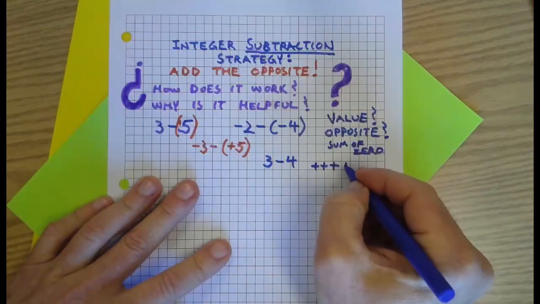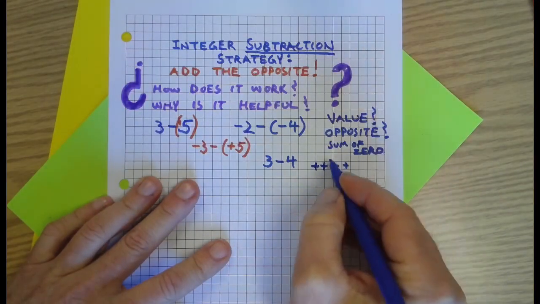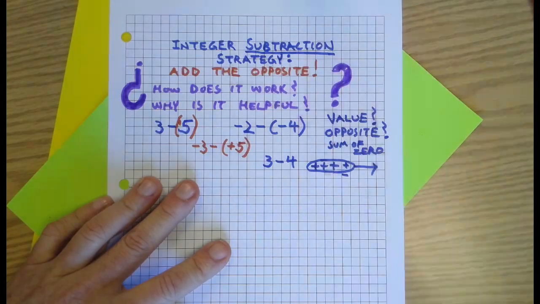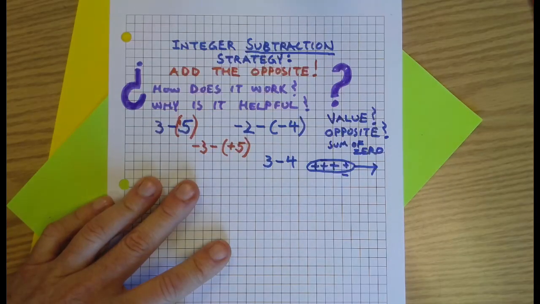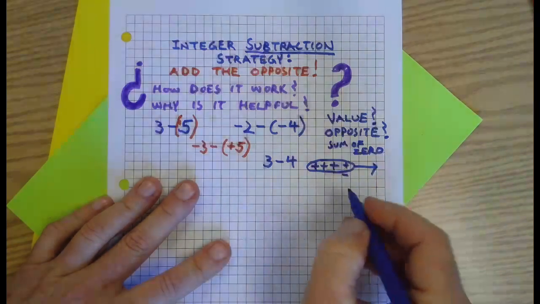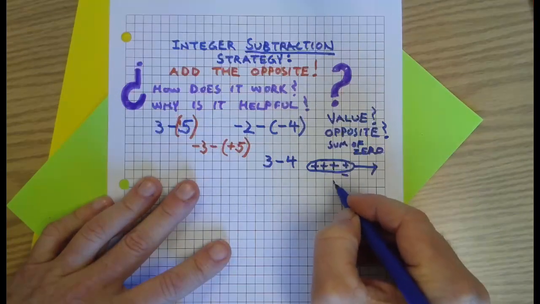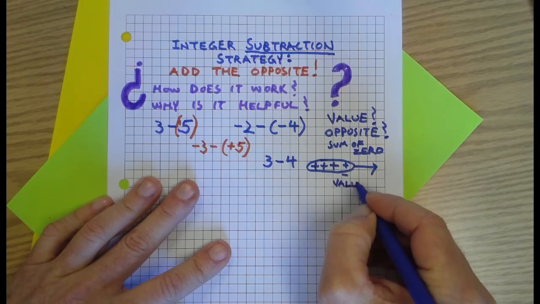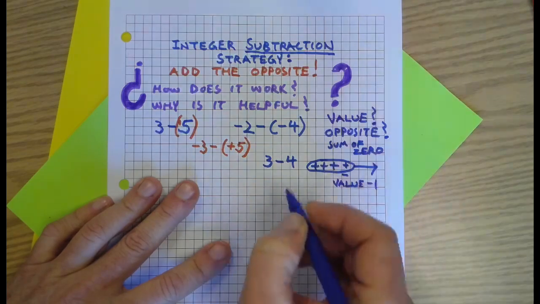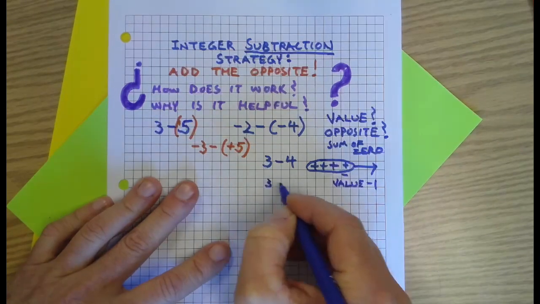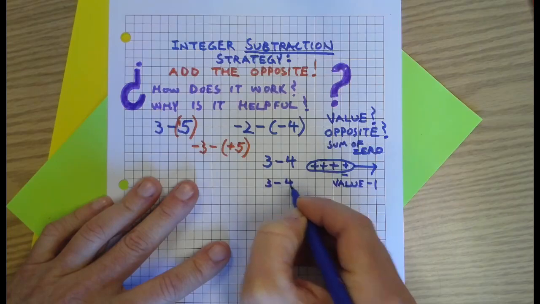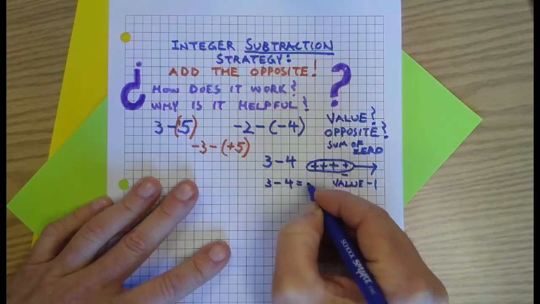As we learned, I'm going to add a 0, and then I can take away positive 4. If this seems weird, just go back and watch the video about integer tile drawings. And now I have a value of negative 1 using that visual tool. So positive 3 take away positive 4 is negative 1.